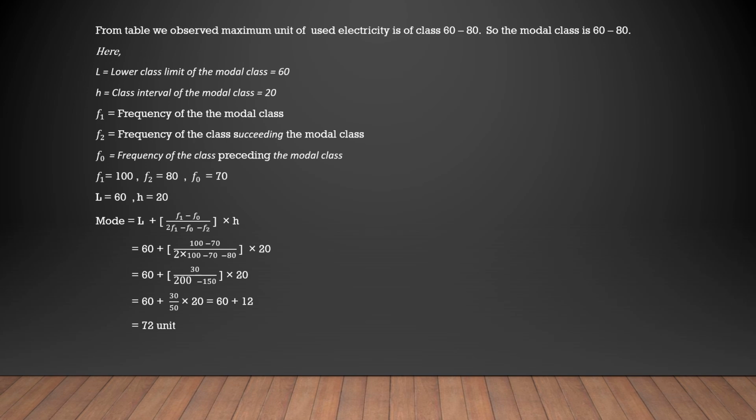So 60 plus 30 by 50 into 20. Next, 30 into 20 is 600 and 600 by 50 is 12. So 60 plus 12 is 72. So the mode is 72 units.